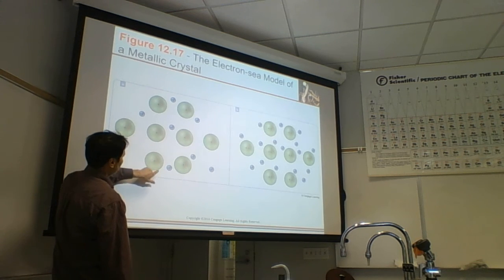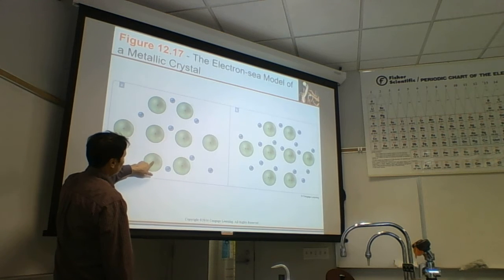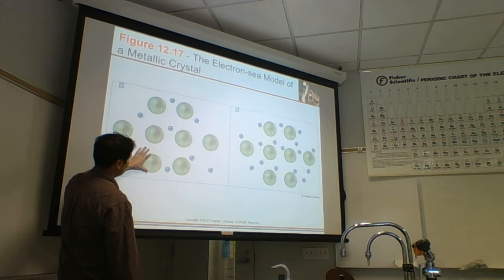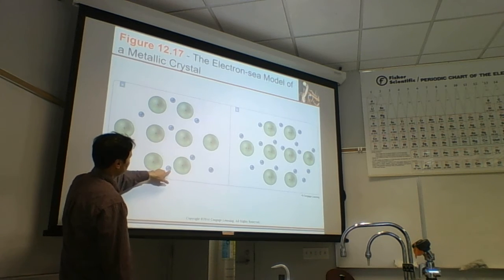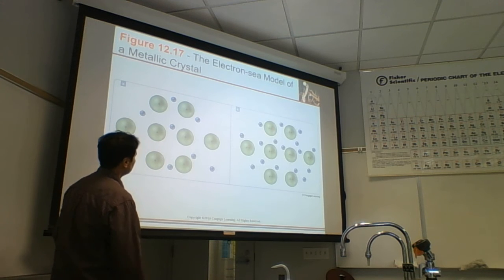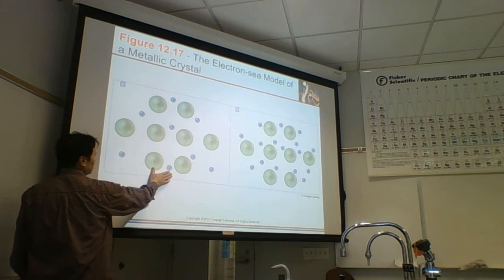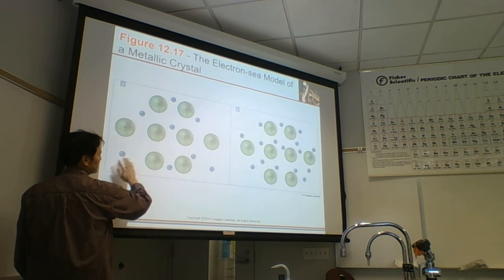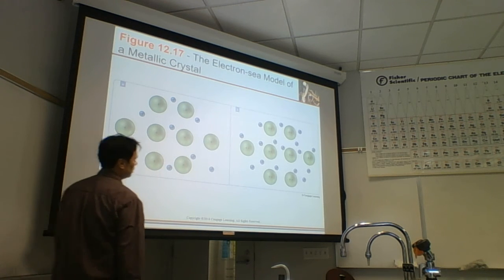And so the core, the core electrons and the nucleus, form this ball here, and the net charge is positive. The valence electron is out here, free. So sodium metal would be like this. The atoms are fixed. They'll vibrate, but they're fixed. The electrons are delocalized, but they're free to move.